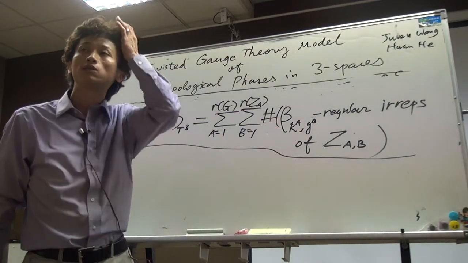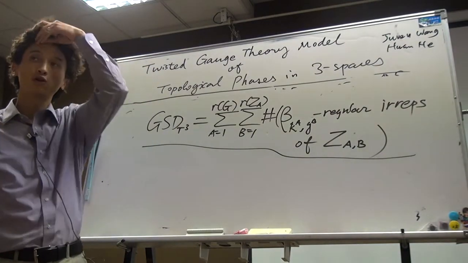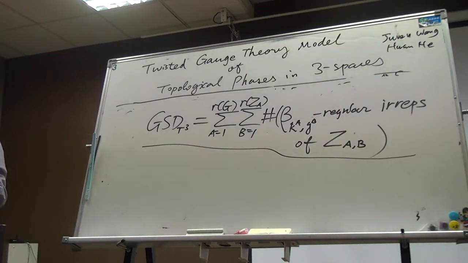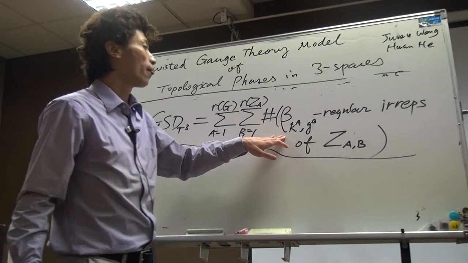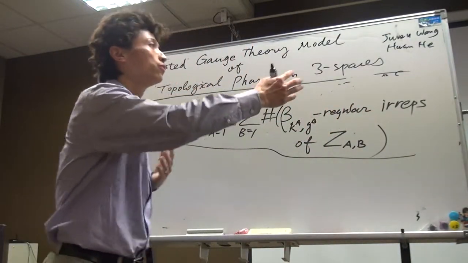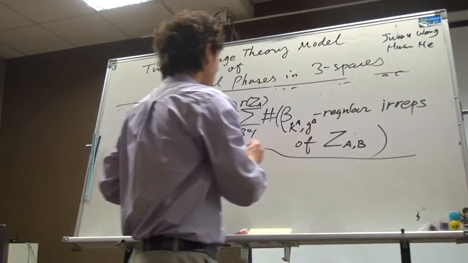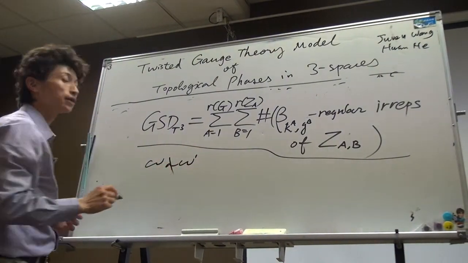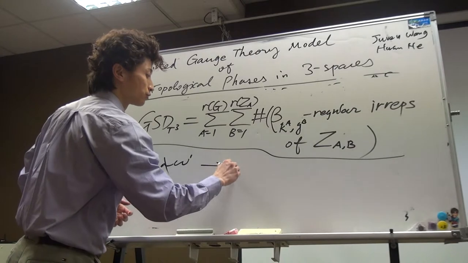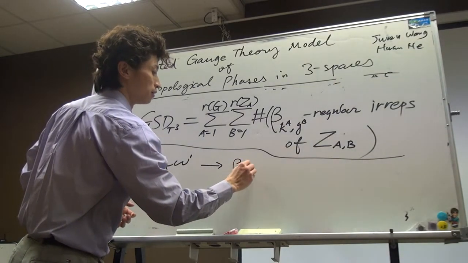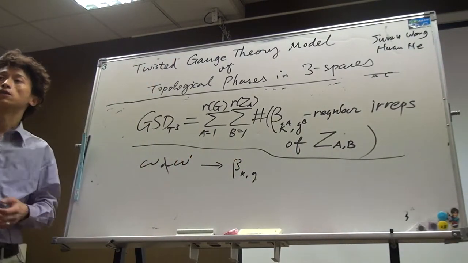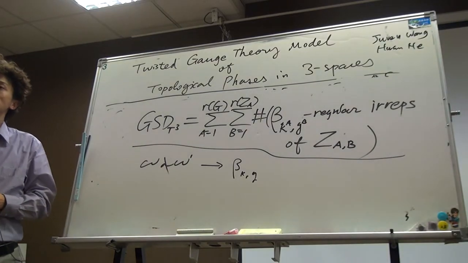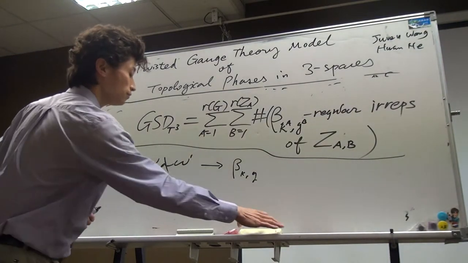It doesn't directly depend on the original four-cocycle that you input into the definition of the model. So when two inequivalent four-cocycles, alpha and alpha prime, give rise to the same beta, they would define the same model in the same topological phase.